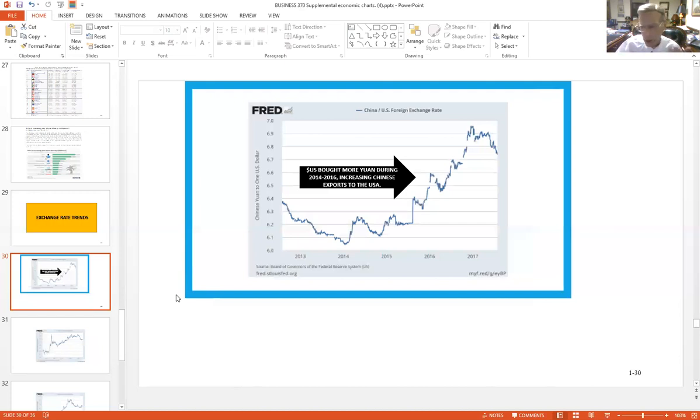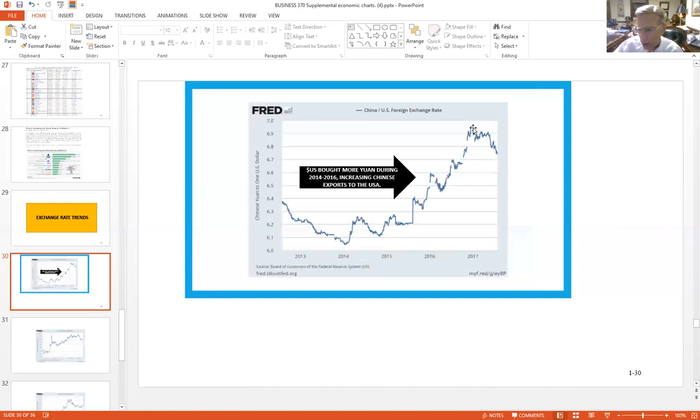There were international negotiations, and the result was that trend reversed at the beginning of 2017, and then the U.S. could buy fewer yuan, which means that the yuan could buy more dollars.